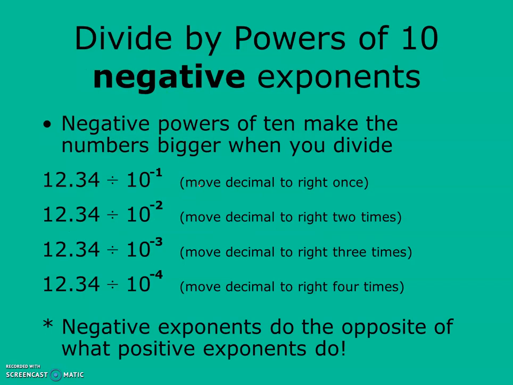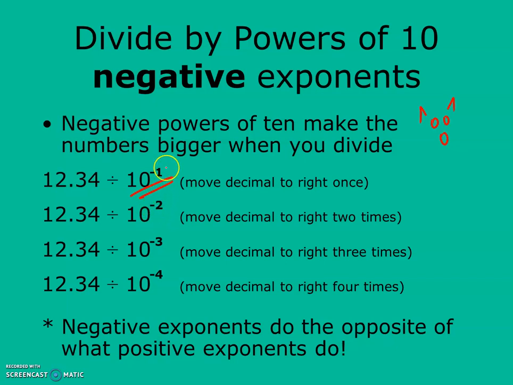Now, when you divide by powers of 10 that have negative exponents, this is where it gets a little bit confusing. It's like, what is going on? Well, you're dividing by a very small power of 10, and so the number's going to get bigger. It's like a double negative, okay?